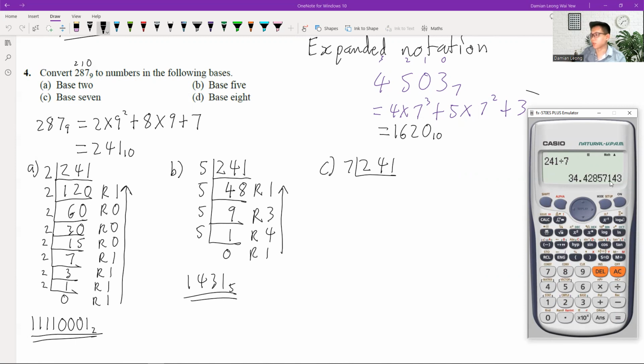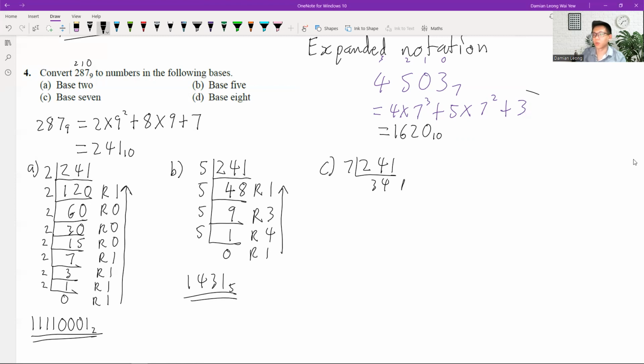If you want to put decimal, it's fine, just that you have to get rid of the 34. So maybe you can minus 34 and then times 7. Like that, the remainder is 3. Or you can just take the mixed number form. Then I know 34 here. Then the 3 over 7, I times 7, which is 3. Remainder 3.